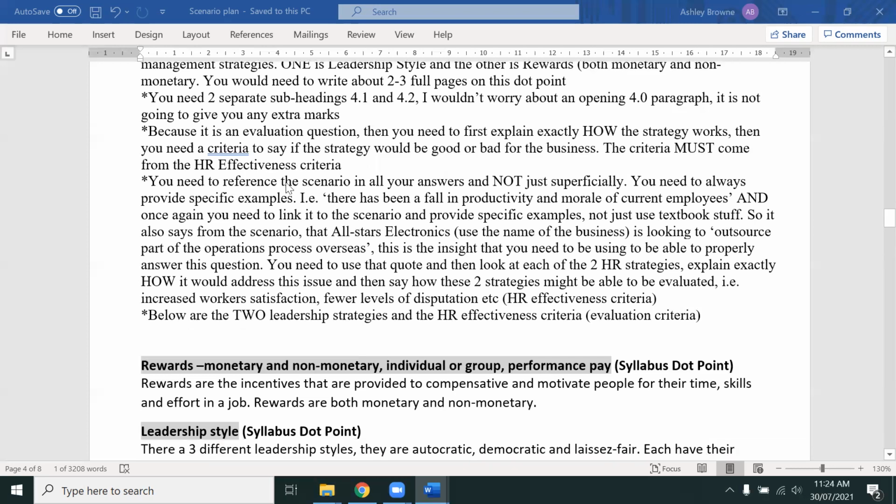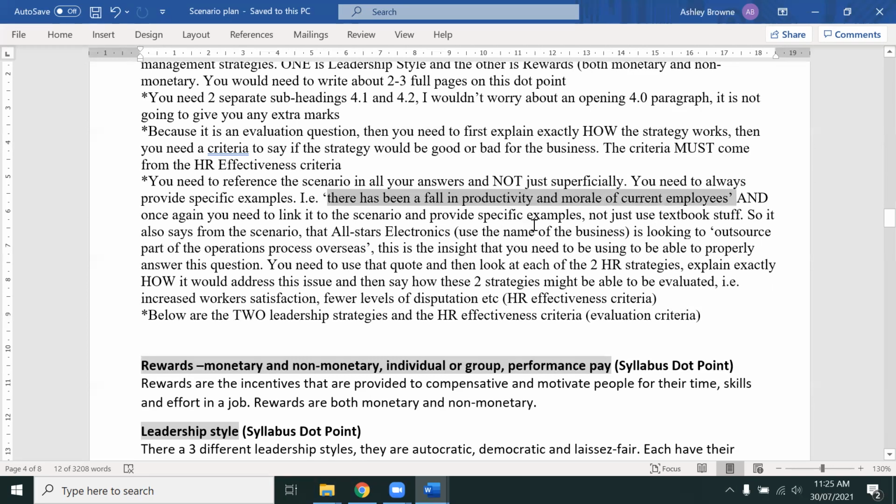Now, like always, you need to reference the scenario in all your answers. You need to explain, so always provide specific examples when you're doing your explanations. Here's the example I've got there. There has been a fall in productivity and morale of current employees. That's one that I've got there.